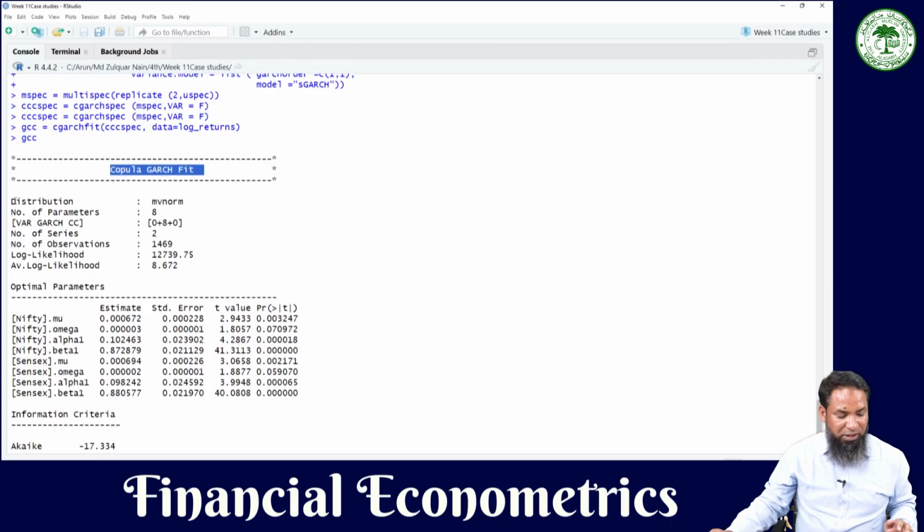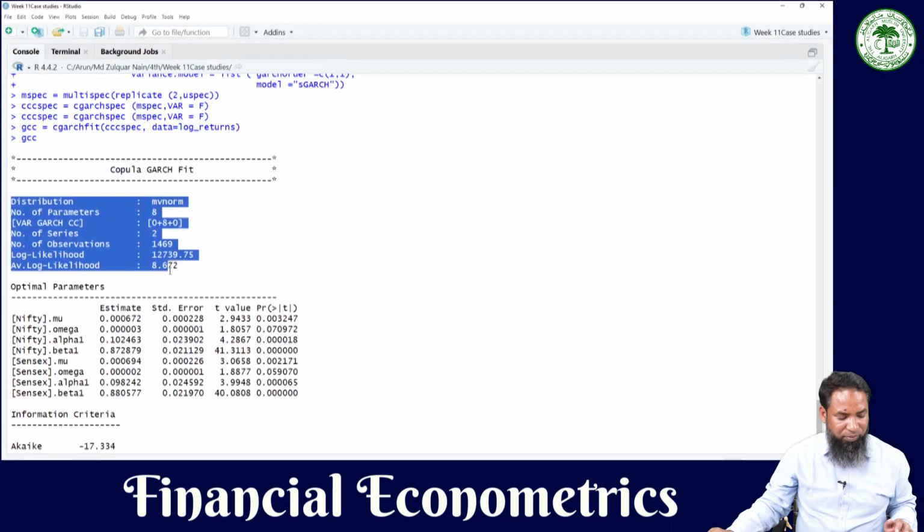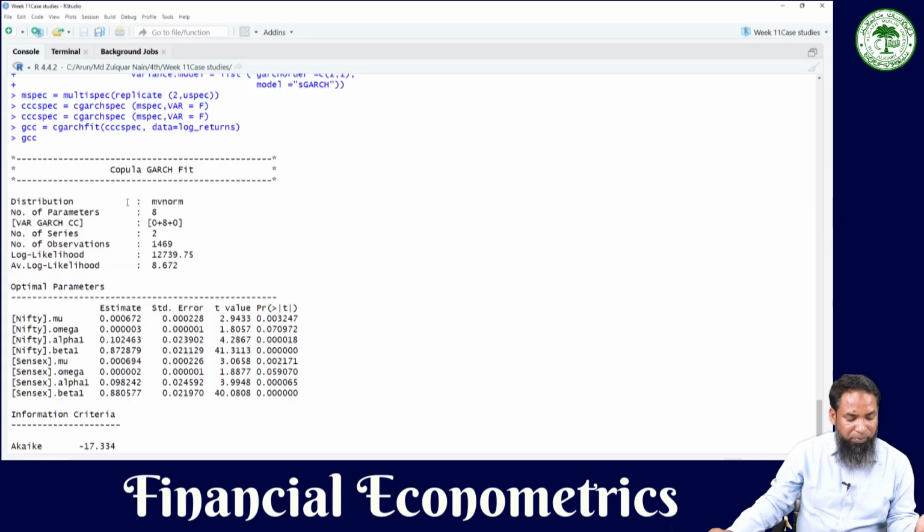Here we have all the information which we have given. For example, the multivariate normal distribution we have used. The number of parameters estimated is 8. The number of series is 2, then the number of observations, the log likelihood function, and the average likelihood function.